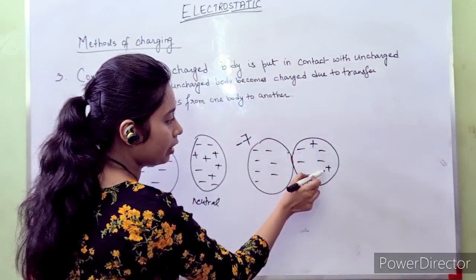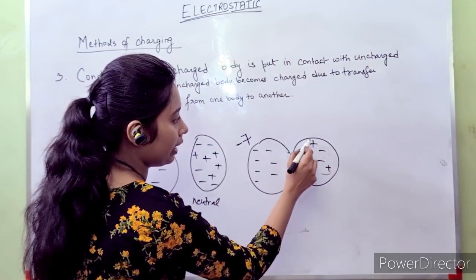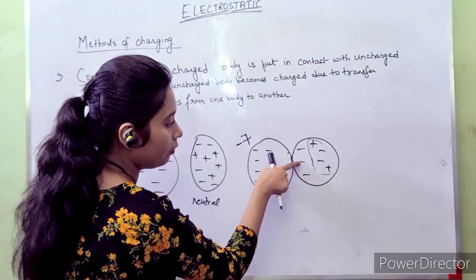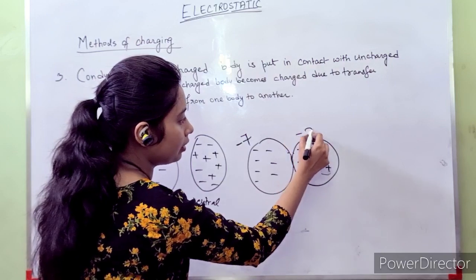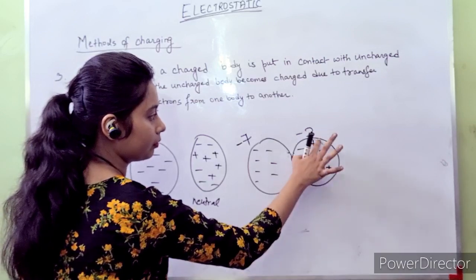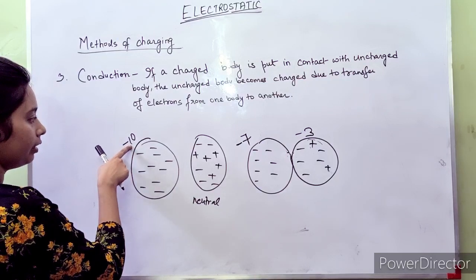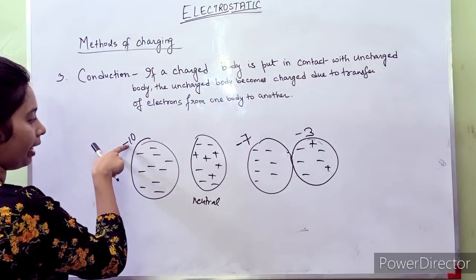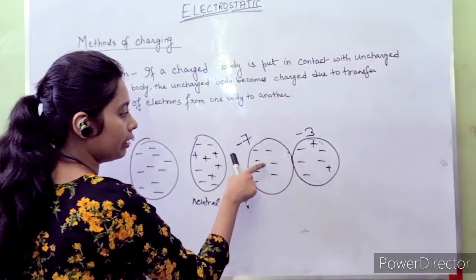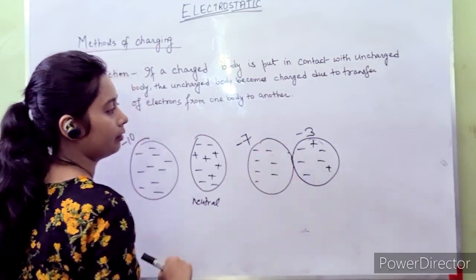There are 2 positive charges and 2 negative charges, so they are cancelling each other, and there is an excess of 3 electrons. That means the charge on this atom will be minus 3. So there is redistribution of charges. Previously this body had minus 10 charge. Now this same charge has been redistributed. Now it has minus 7 and minus 3 has been given to this body.